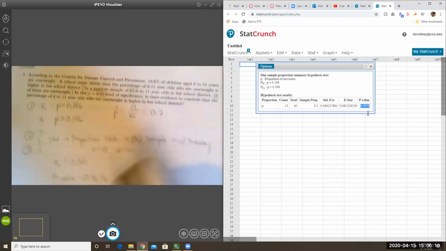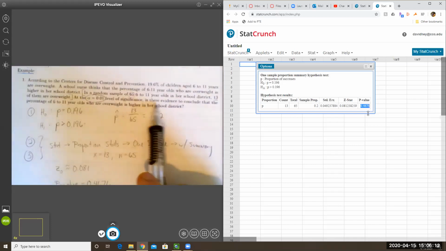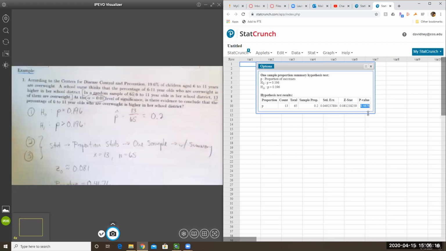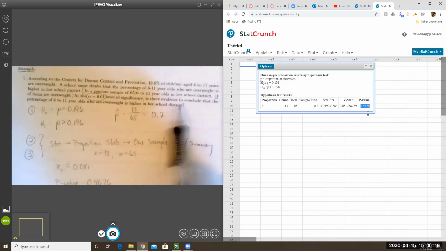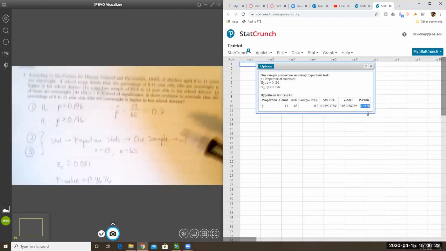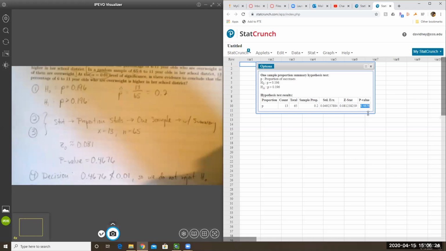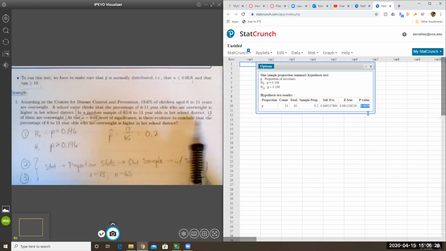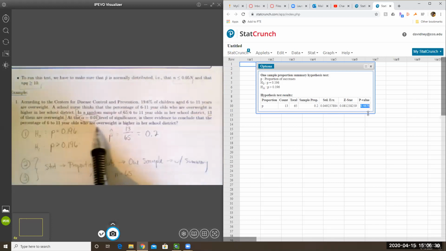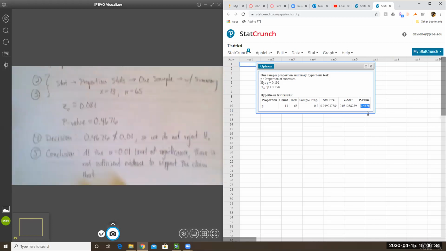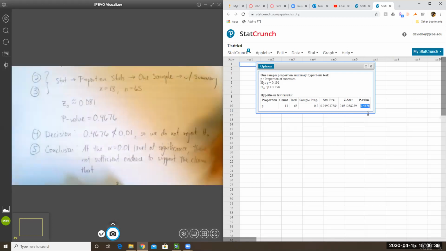Another thing you could do is, if you look at the last statement, it says, is there evidence to conclude that the percentage of 6 to 11-year-olds who are overweight is higher in her school district? Well, if you rephrase, that's basically your alternative hypothesis right there. So you could almost copy and paste that phrase. You can say, no, there's not sufficient evidence to support the claim that the percentage of 6 to 11-year-olds who are overweight is higher in her school district. So you could literally just copy and paste it.